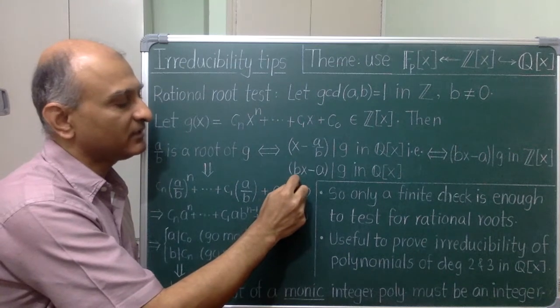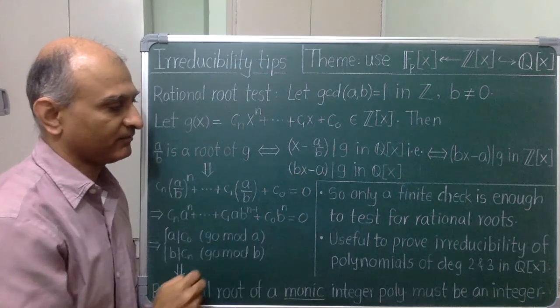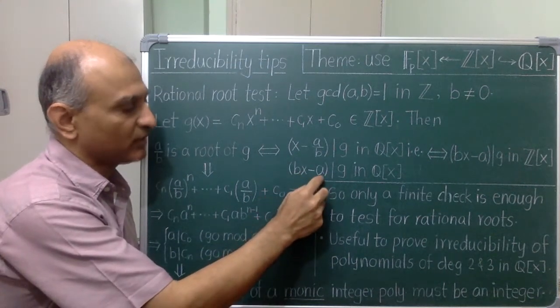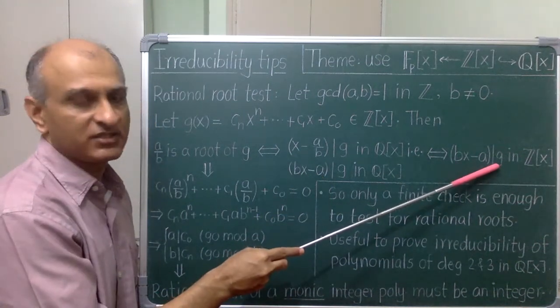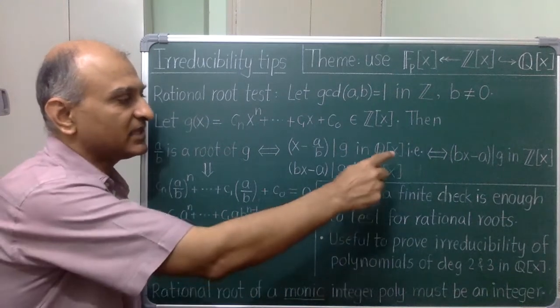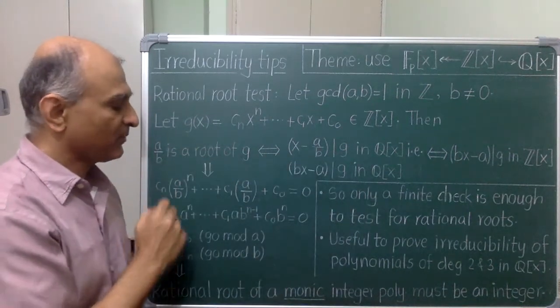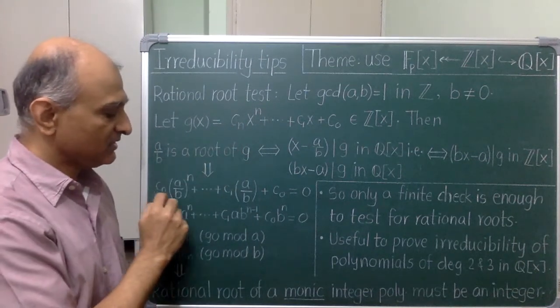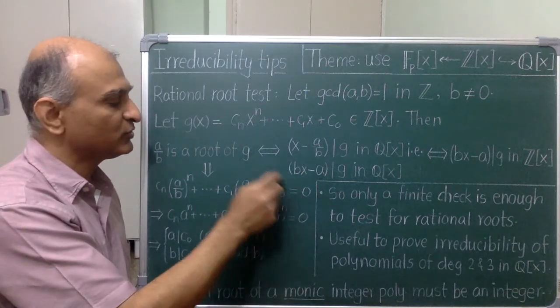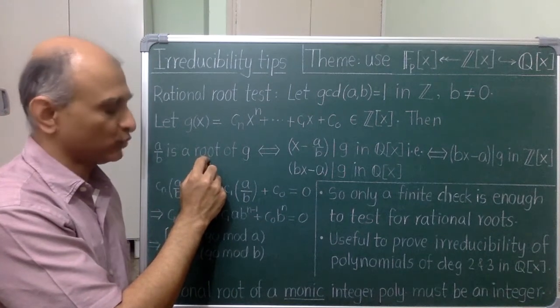Clearing the denominator, I get this linear factor. But this is a primitive polynomial, so equivalently, g must have this factor over the integers. Under these equivalent conditions, suppose I plug in a by b into this polynomial. Then this expression must be equal to 0 because a by b is a root.